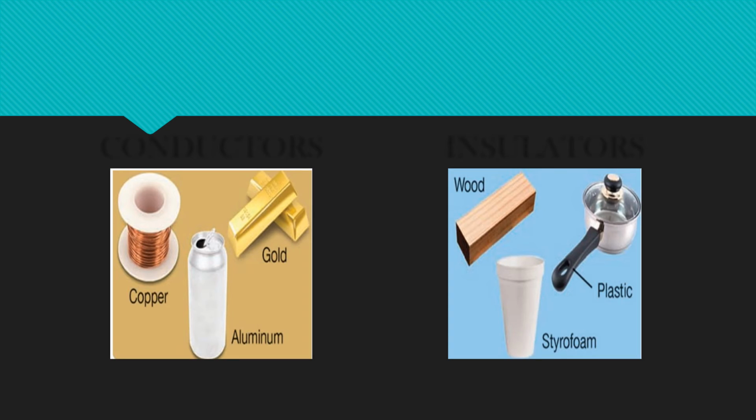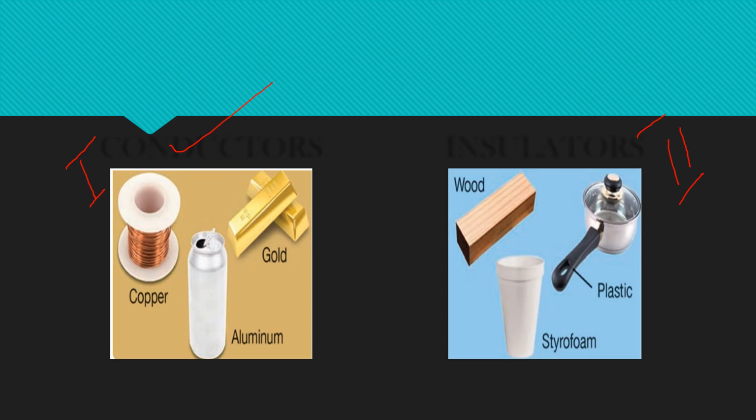Let's see these two categories. In the first category, you can see copper, gold, aluminum, and this is the second category, which includes wood, plastics, styrofoam, etc. This particular category has the ability to conduct heat, or the ability to let heat pass through.